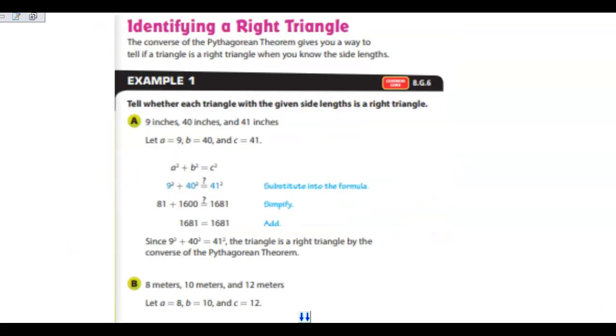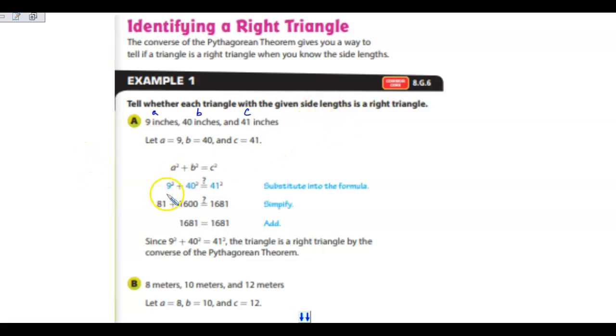We can identify a right triangle just by doing the same thing we did before, testing it, if we have 3 measurements of a triangle. And remember, the hypotenuse is always going to be longer than the longest side, right? So that means that this is automatically going to be c. Just to keep it in chronological order, we'll make 9 a, b is going to be 40, and c is going to be 41.